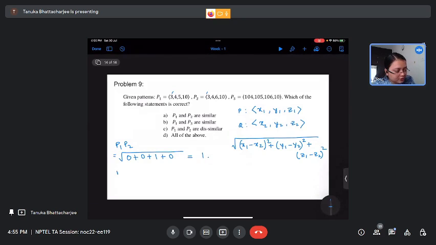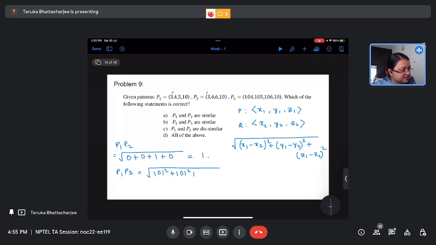Now let us go for P1 and P3. What will be the Euclidean distance? The first coordinate is 3 for P1 and 104 for P3, so the first element in this formula will be 101 square. Then similarly the next element will also be 101 square because we have 4 and 105.